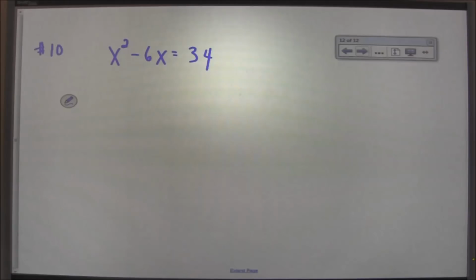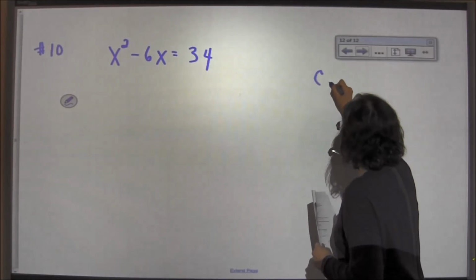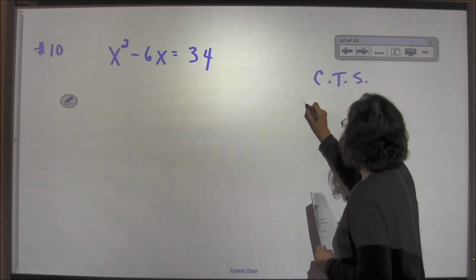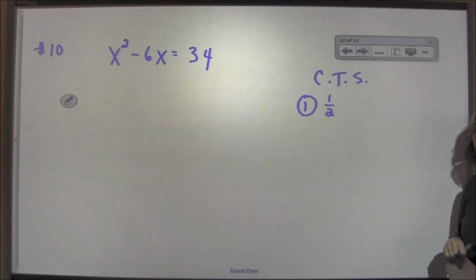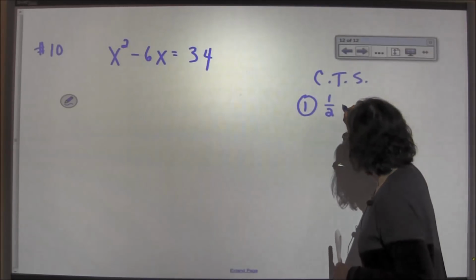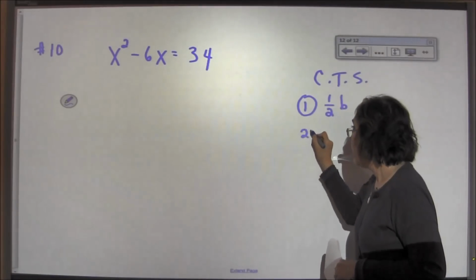Let's just do an outline of completing the square. In the completing the square method, remember, and this is on the QEP that's due today, I asked you for this. You take half of the b value and then you square that.